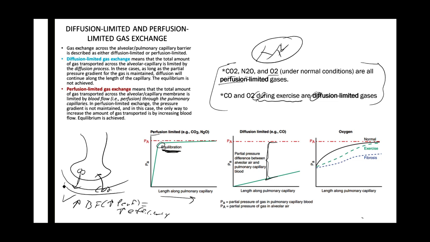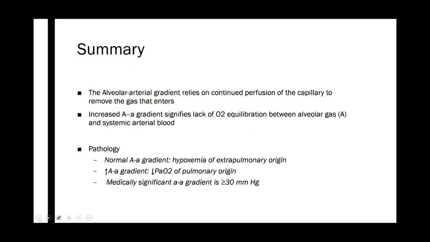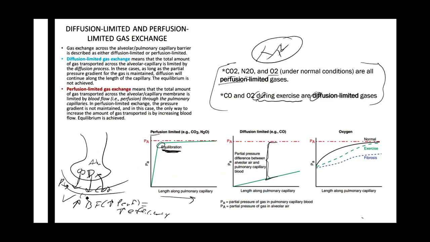Remember, this is perfusion, and diffusion of gas is its ability to move across. Diffuse follows concentration gradient and moves across cell membranes. In the case of carbon monoxide and oxygen during exercise, we're thinking of diffusing from the alveolus into the capillary.